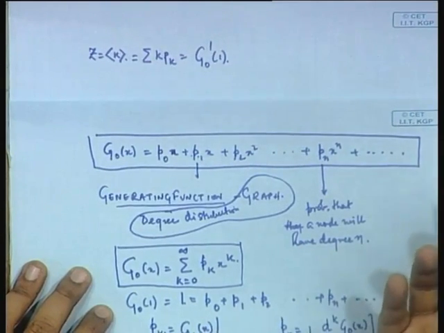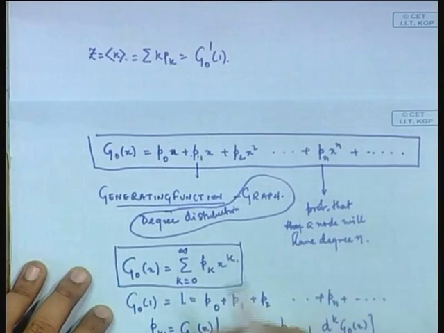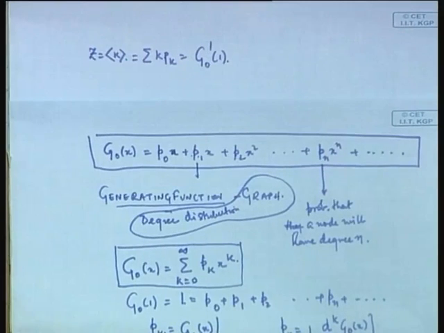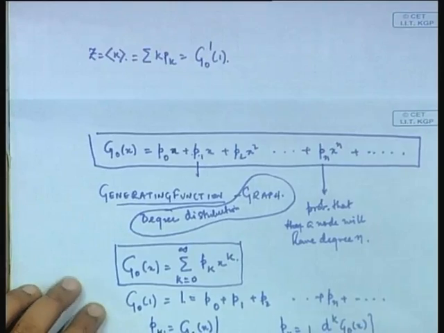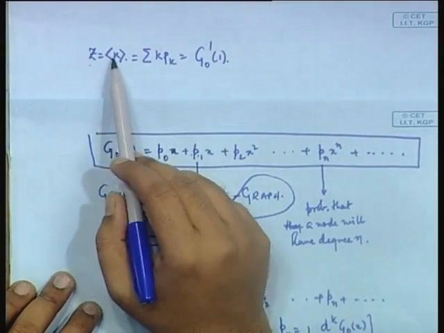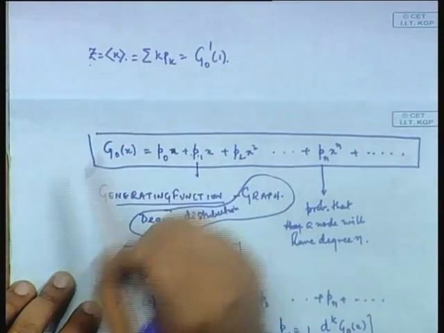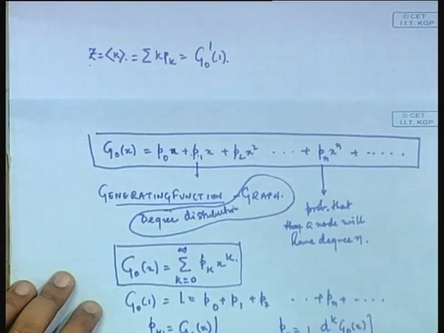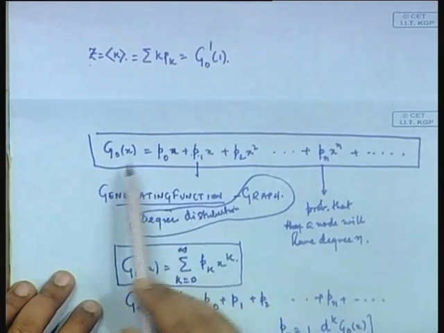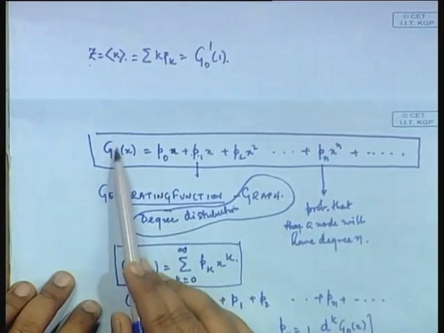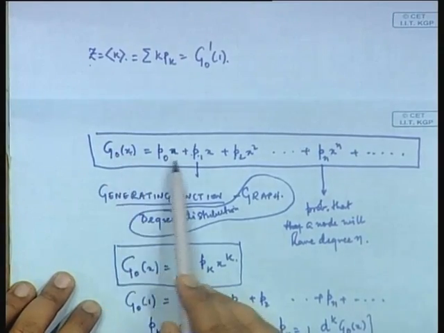So, from the generating function you immediately get the average degree. Clear? Karishma, not clear? So, z is equal to the average of k, which is the summation of k p k, that is clear. Then, if I differentiate G 0 x, what is happening?